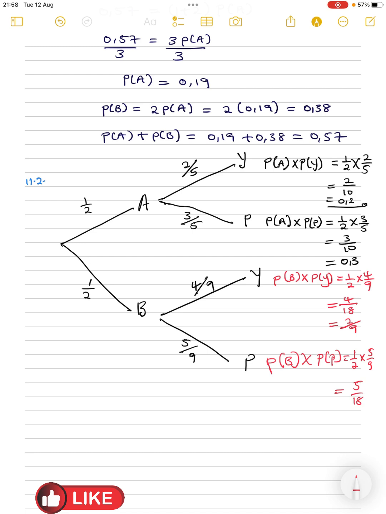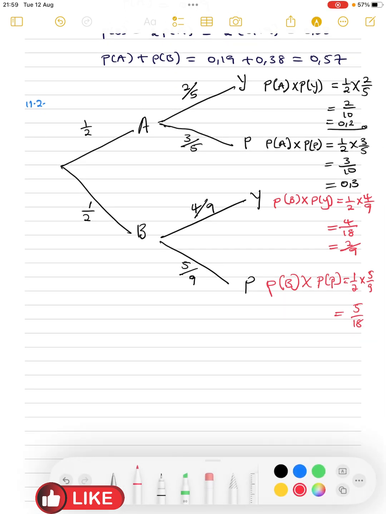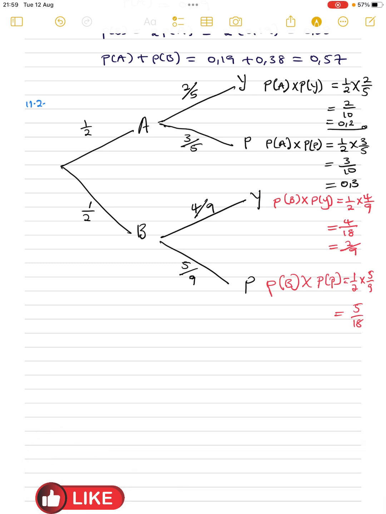So I think I managed to write all the possible probabilities to make it look clear. Let me write it here now. Probability of A times probability of yellow is equal to 0.2. Probability of A times probability of pink ball is equal to 0.3.